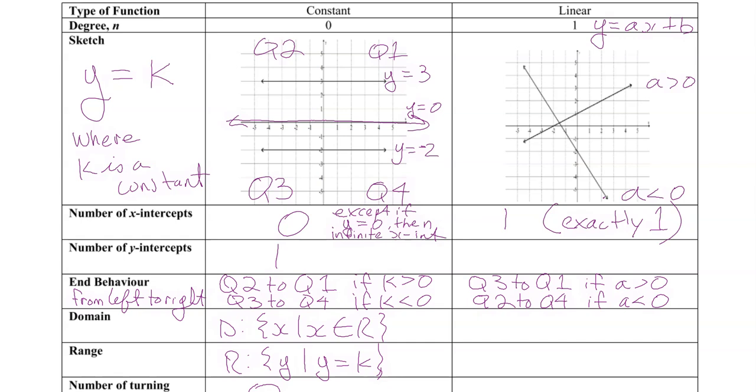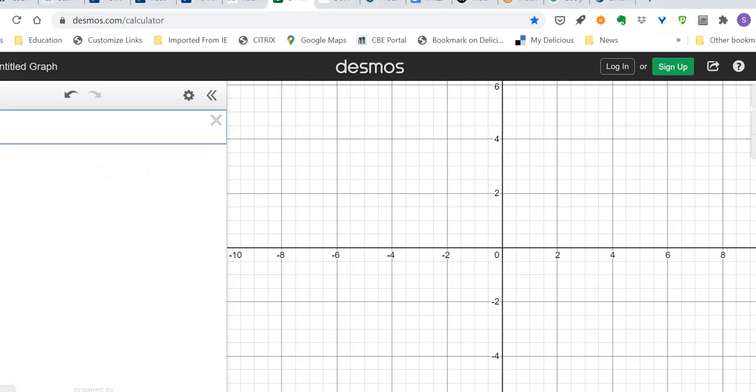How many y-intercepts? 1. What is the y-intercept? Let's go look at the graph. So I'm going to type in y equals ax plus b.